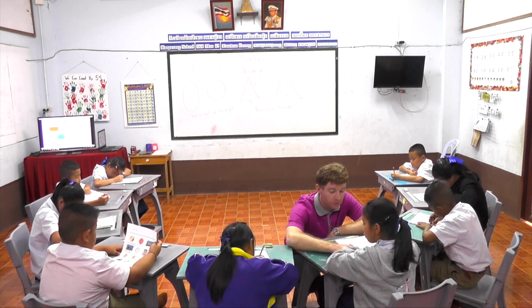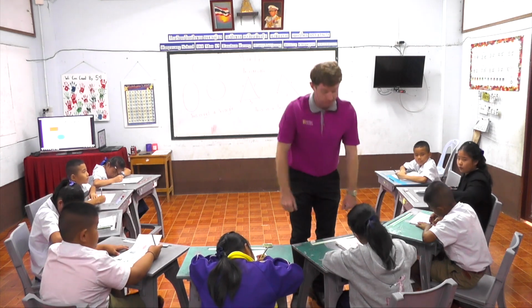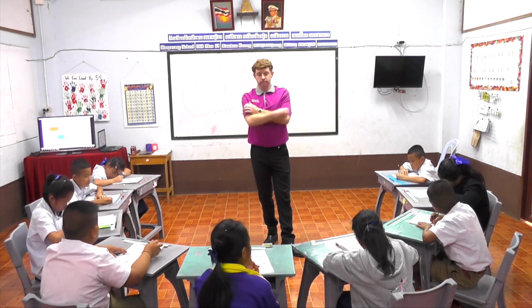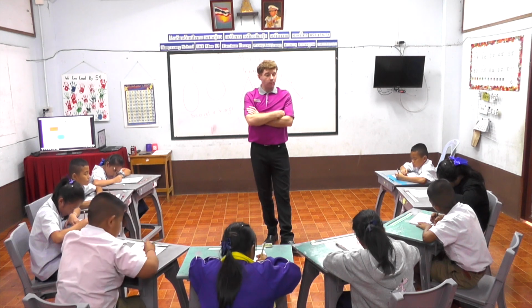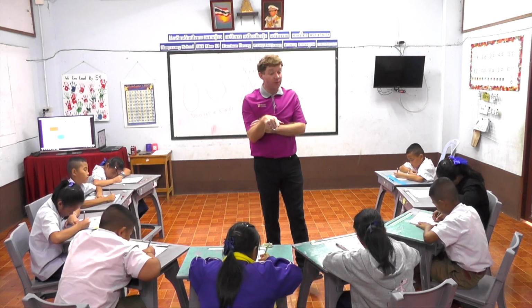How many sides? 3. So it's a triangle. But that one's a tricky one, Preo, because it's a triangle inside a square.